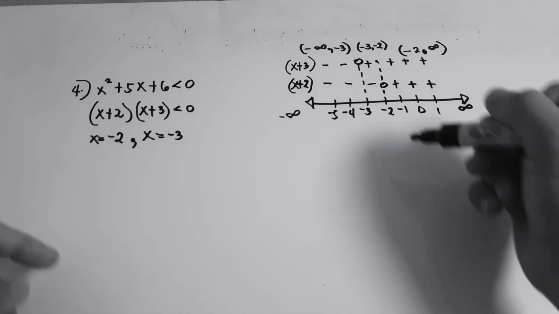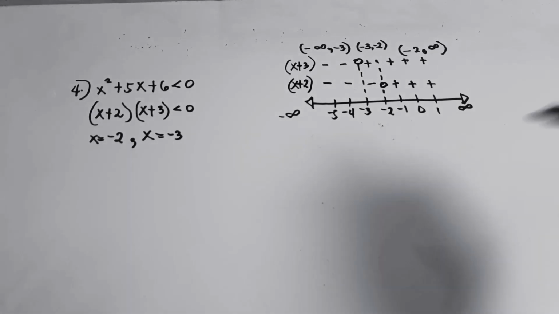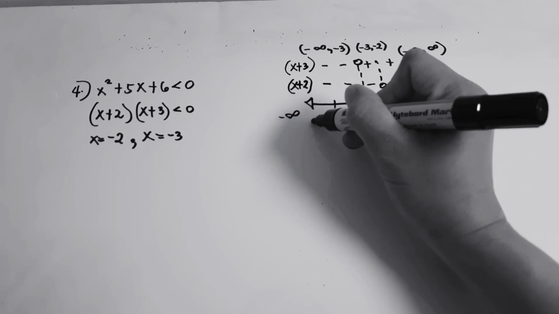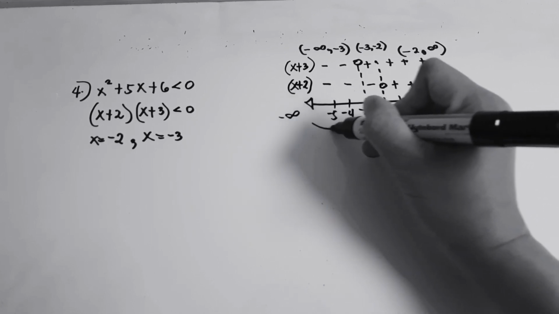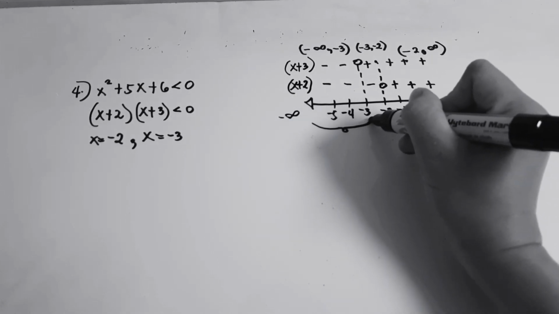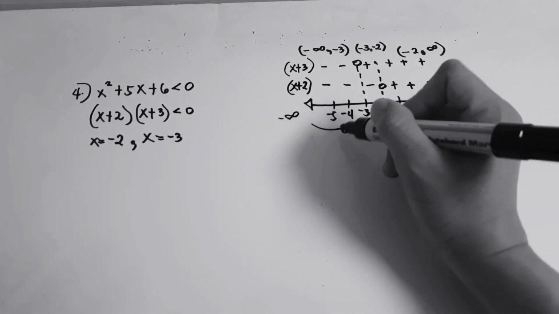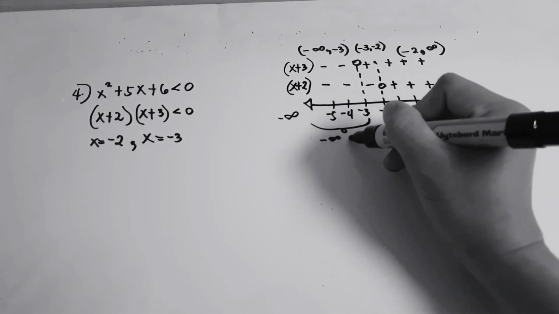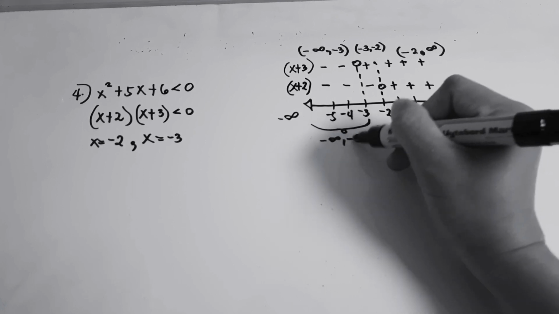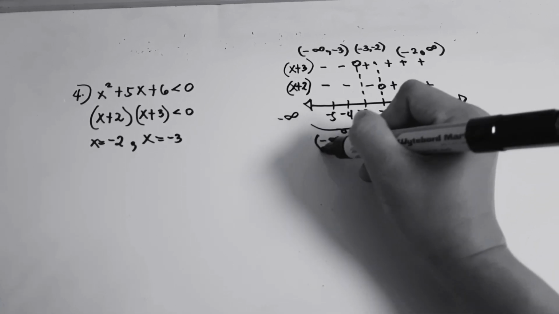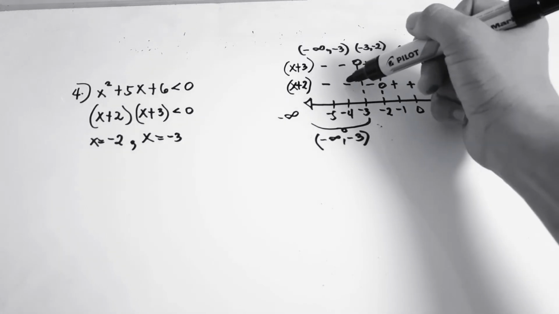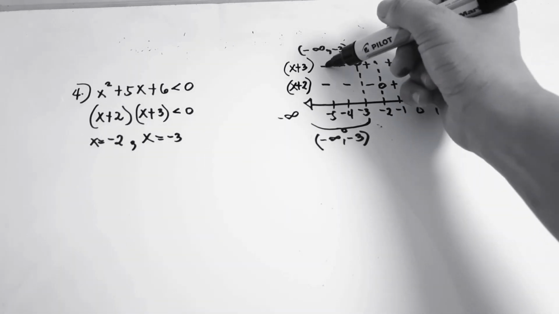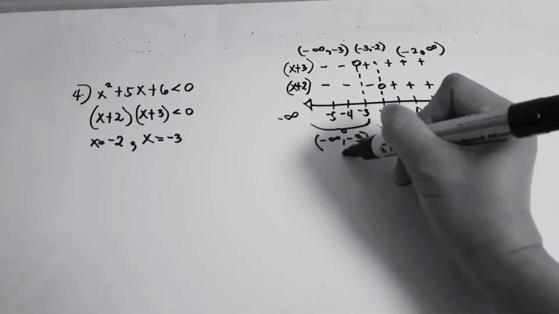So we have negative infinity to negative 3, where negative times negative is positive.